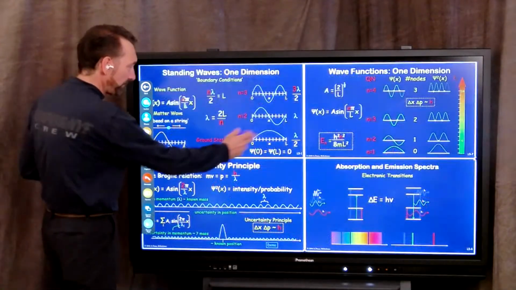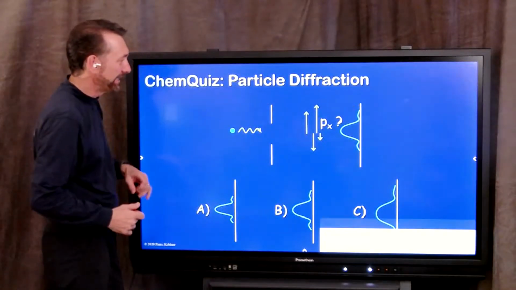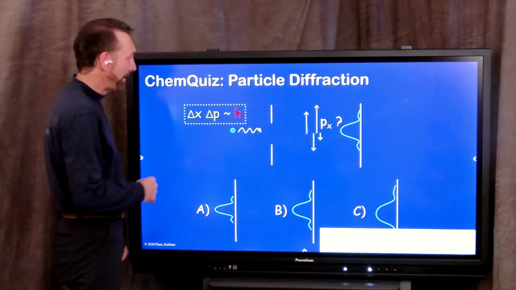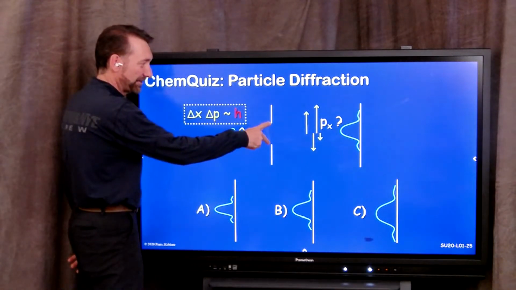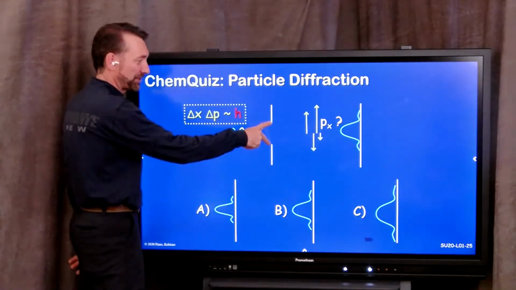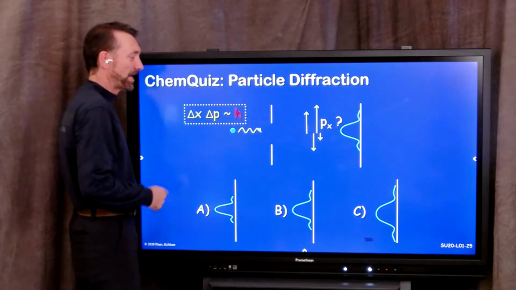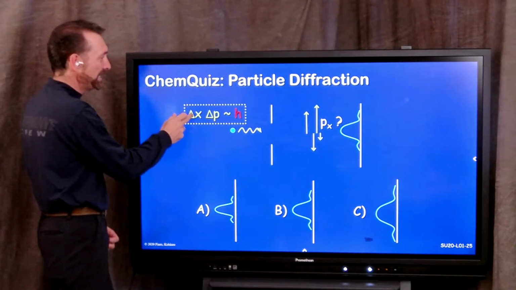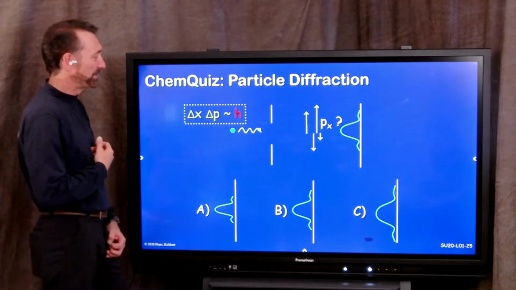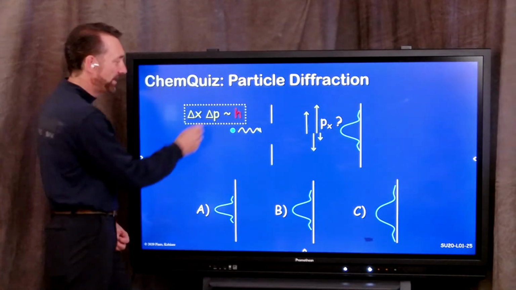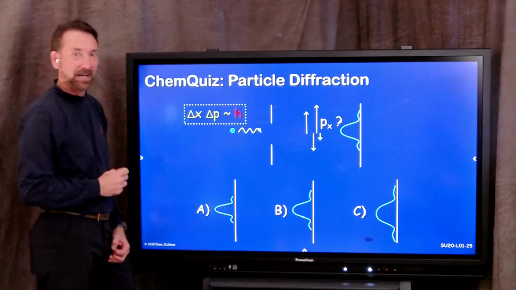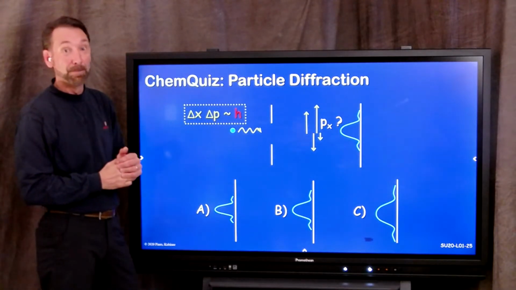So we have this idea here that I have a slit. That means right here, I'm constraining the position. When I make this smaller, then the momenta I know less about.